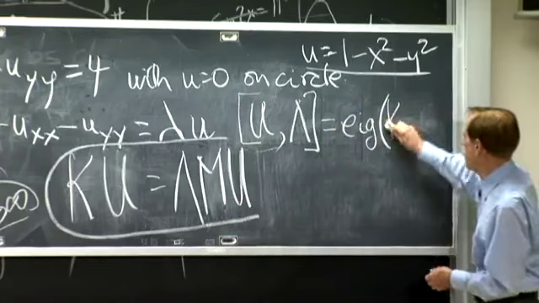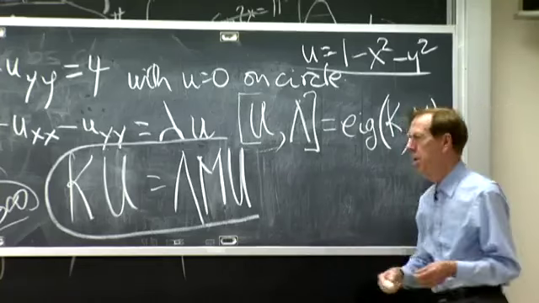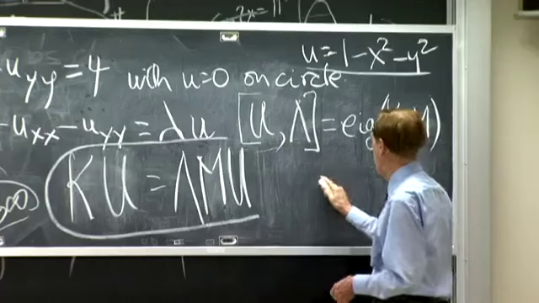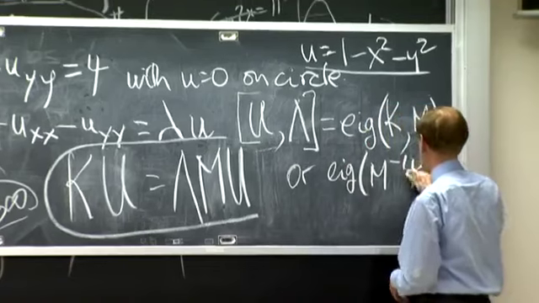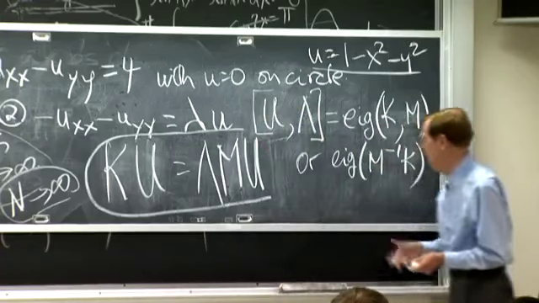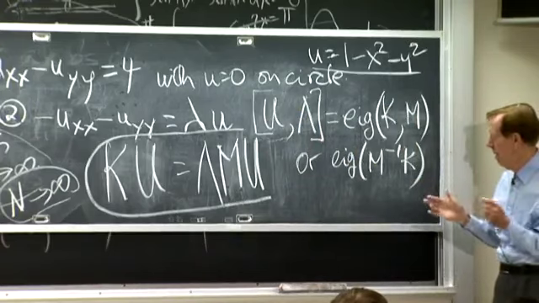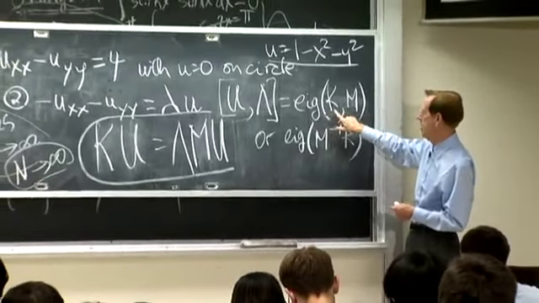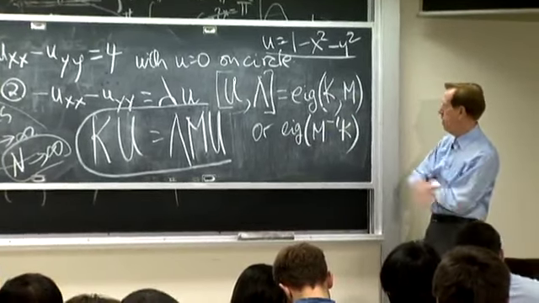And it's just eig of K, M. Or, of course, you get the same answer. Well, you get the same eigenvalues, and I guess the same eigenvectors. Or eig of M inverse K, of course, if you want to do it with just one matrix, then bring M inverse over here. But M inverse, the inverse of this tridiagonal matrix, is full. No zeros in the inverse. So everybody would much prefer this tridiagonal one. So that's how MATLAB would do it.